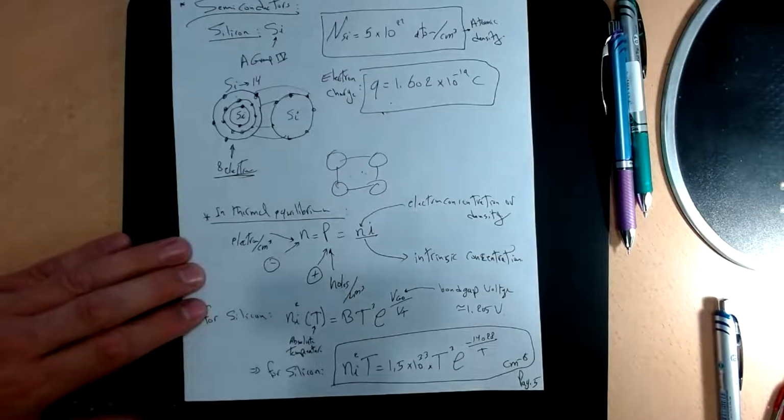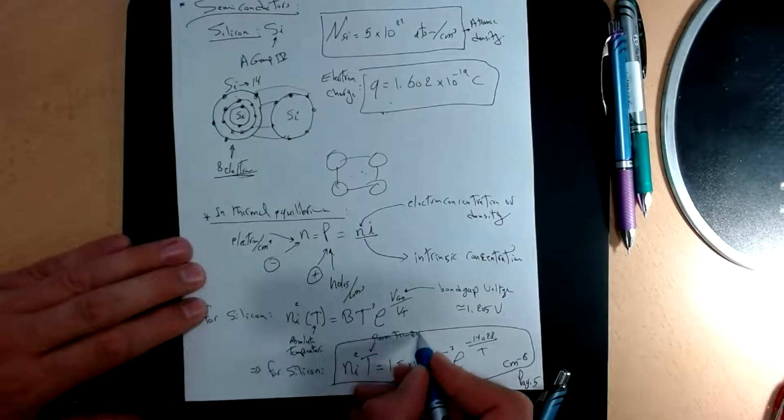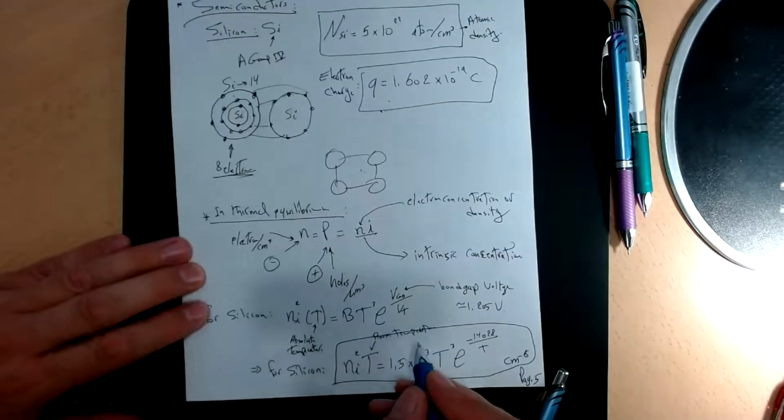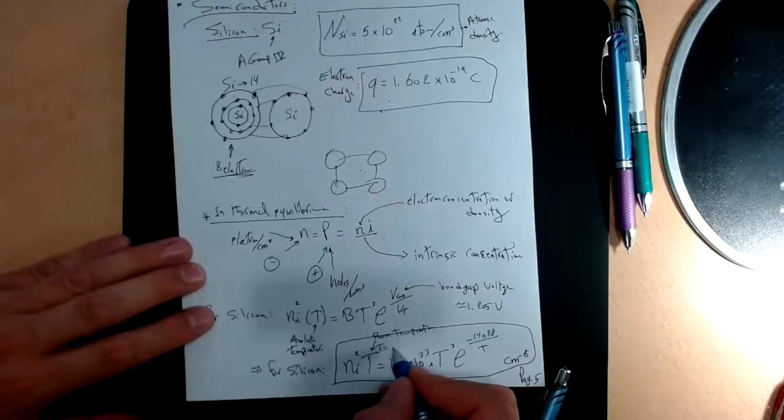So at room temperature, this temperature is equal to 300 degrees Kelvin.